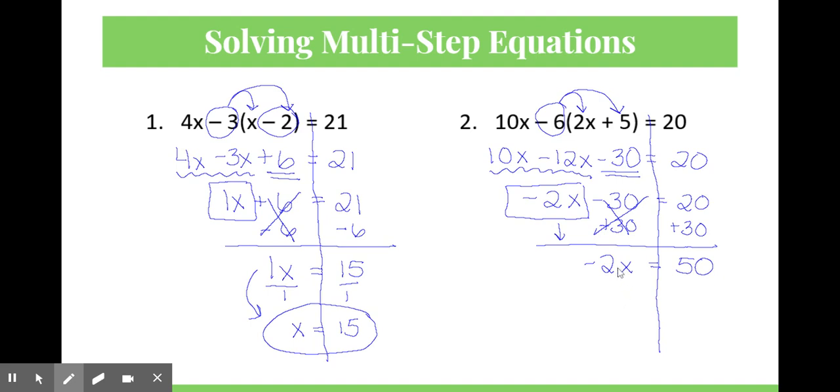Last step is to undo this multiplication by dividing both sides by -2. And I'm left with x is equal to -25. Pause the video if you're not done writing, because we're going to clear the screen and then we're going to go through 2 U-try problems together.